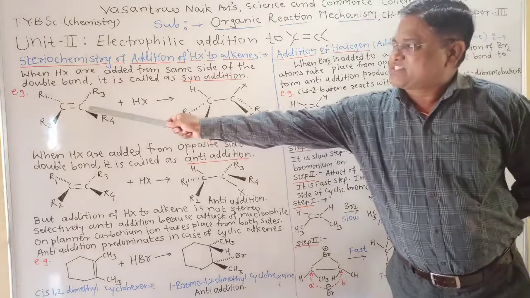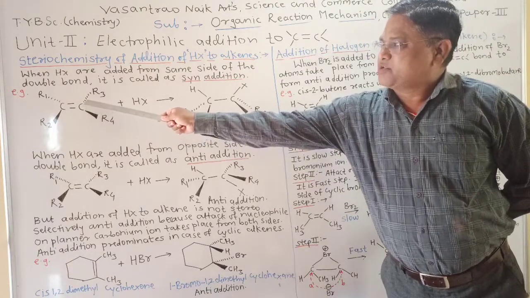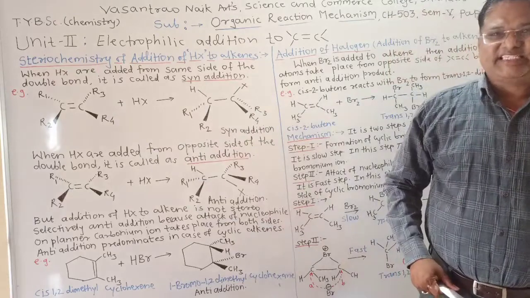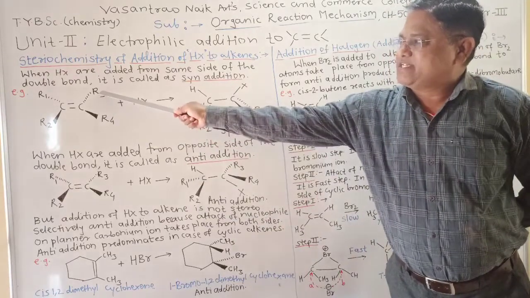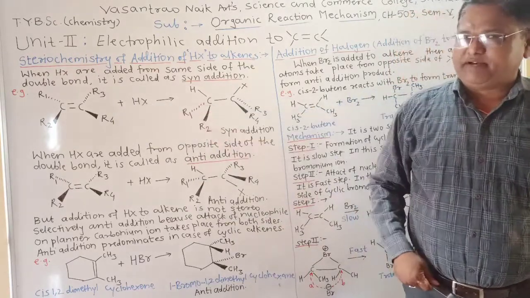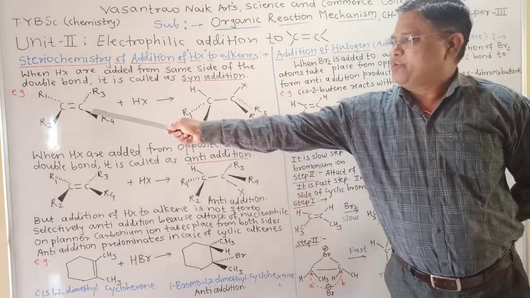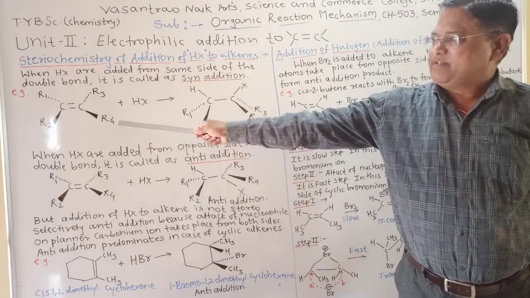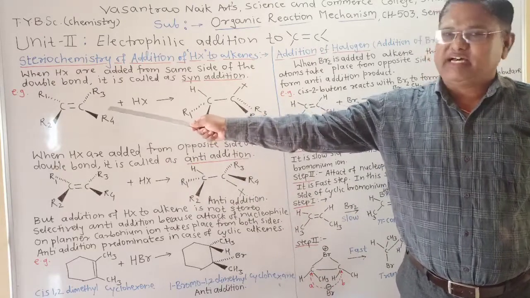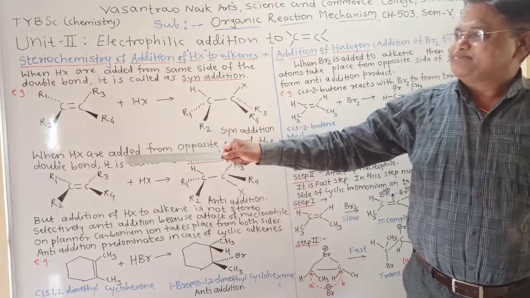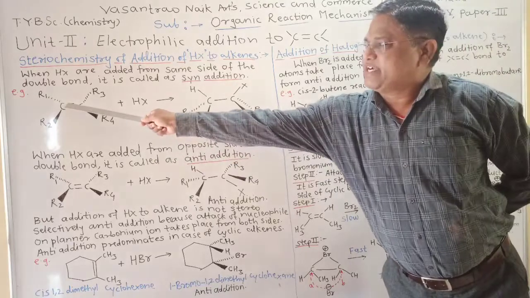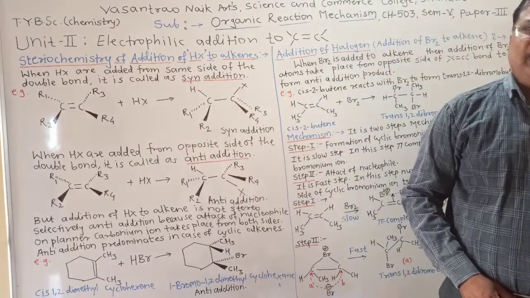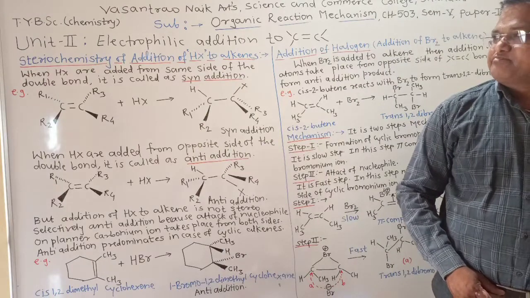Now in this structure, the bonds which are indicated by dotted line indicate the atoms are present behind the plane of the paper, and the bond which are indicated by wedge shaped bond, then atom is present above the plane, and the bond which is indicated by thick line indicates the atoms lie on the plane of the paper.